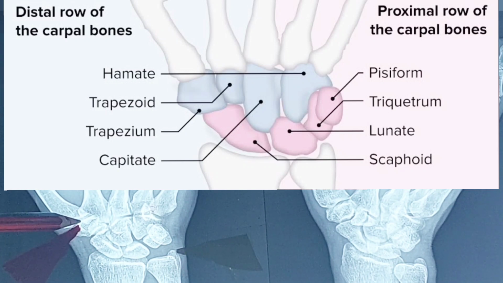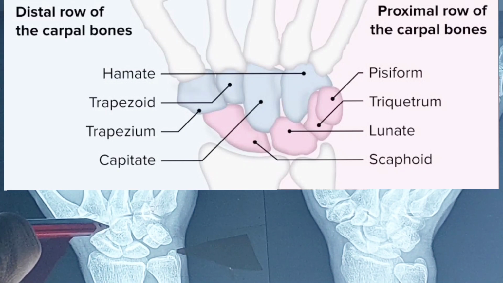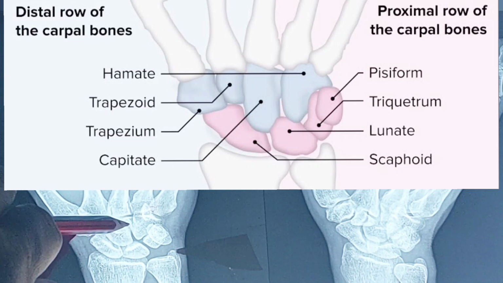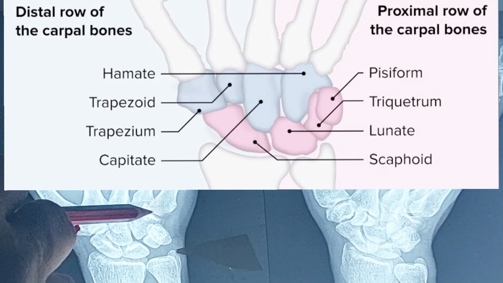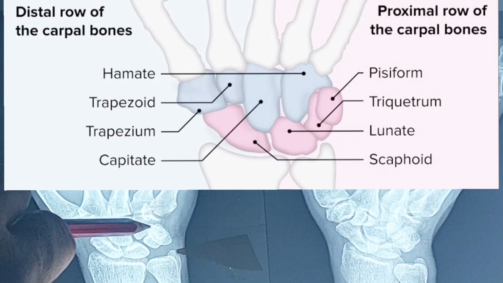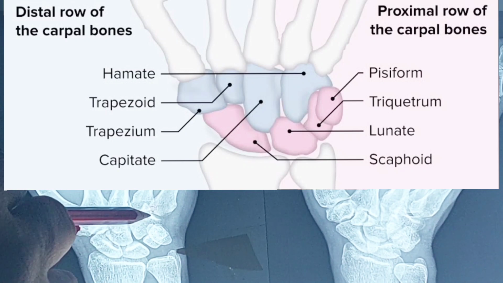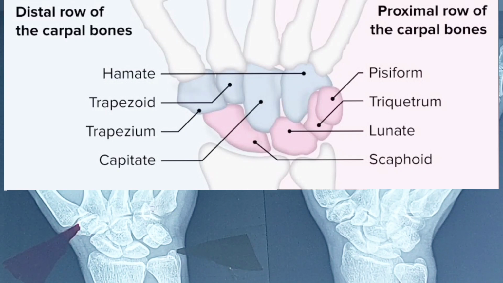This arrow is given to the trapezium and it is superimposed by the trapezoid, this one. And this is capitate and this is hamate. This is the hook of the hamate, this one. So trapezium, then trapezoid, then capitate and hamate. These 4 are the carpal bones of the distal row.